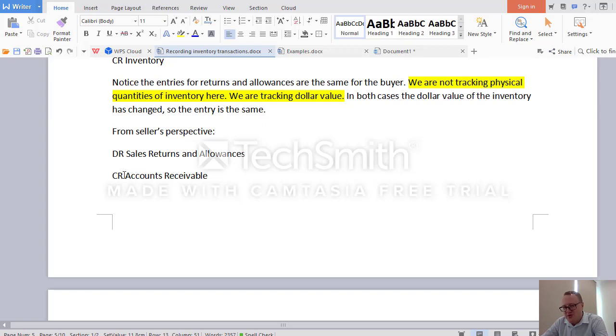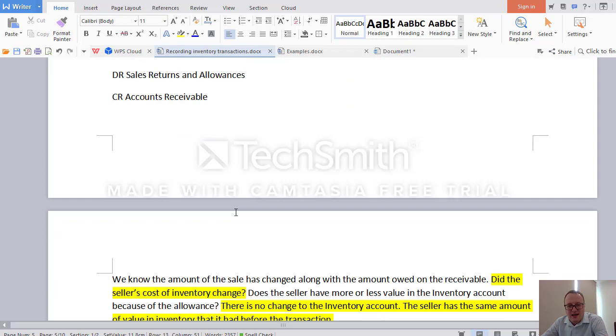Therefore the seller will credit accounts receivable, and simultaneously he needs to reduce his original sales. Original sales were credit sales. Now those sales must be reduced a little bit by the value of the deduction and allowance. You need to have for this the contra revenue account, sales returns and allowances.